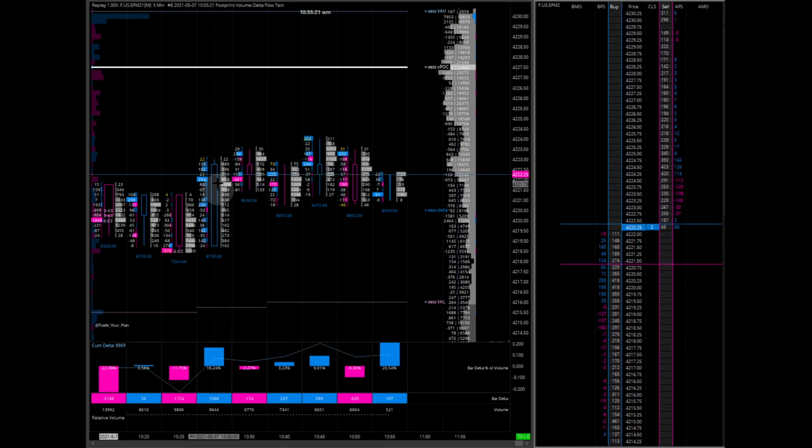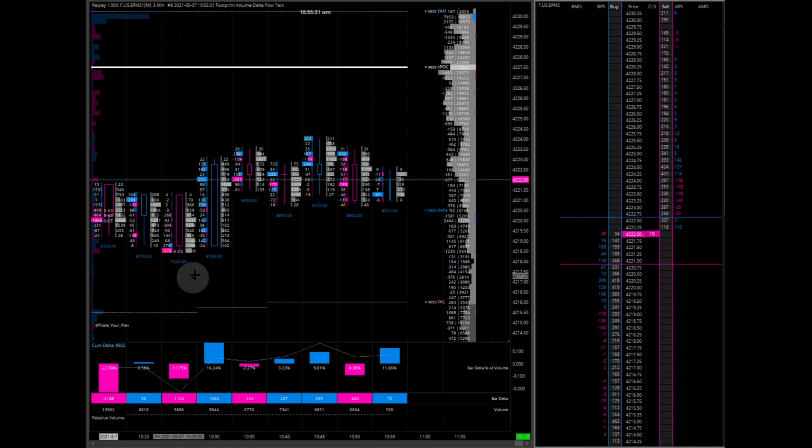The more volume in a 5-minute candle, the wider or fatter it is. This one is the fattest, almost 14,000 volume. Compare this one, 9,600, with this one. They look about the same, but this one, 8,600, is a little skinnier, so the candle's width is a little bit less.